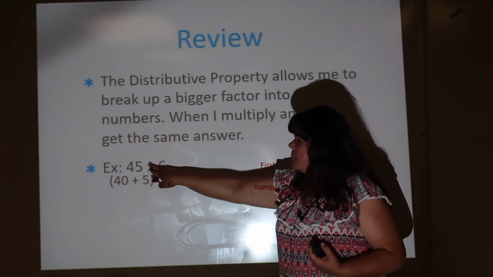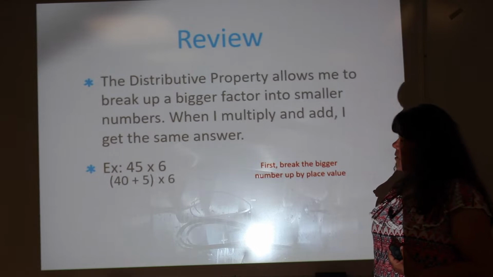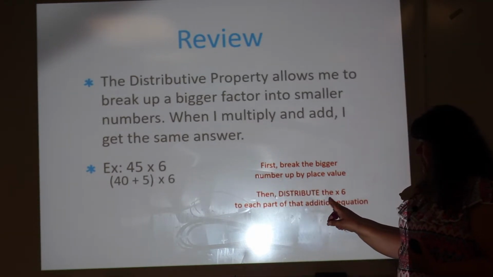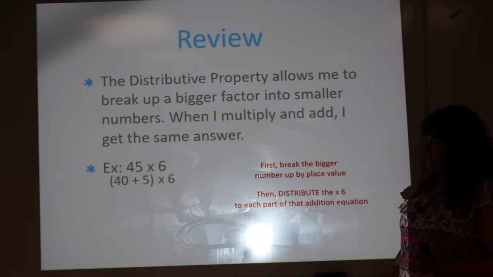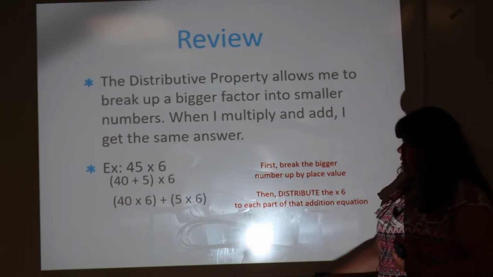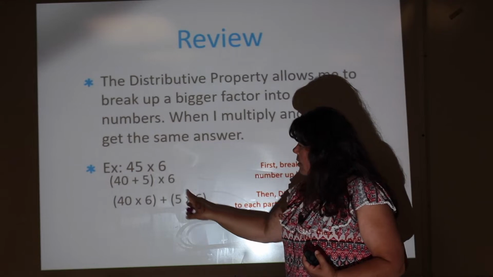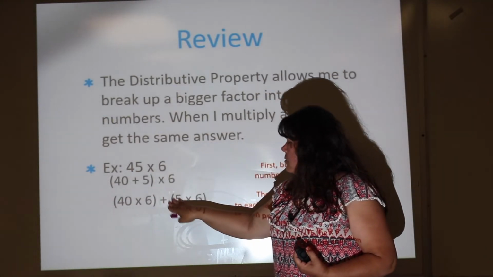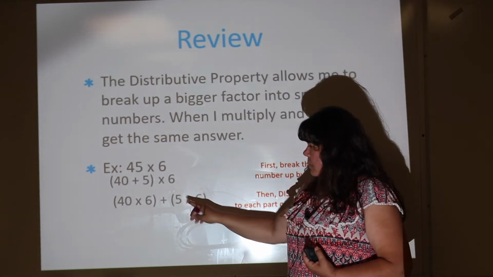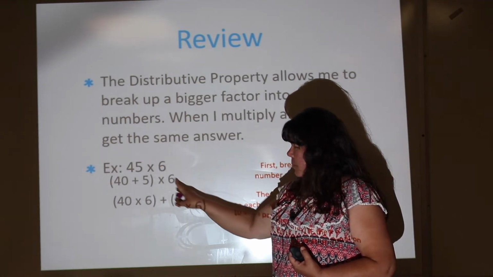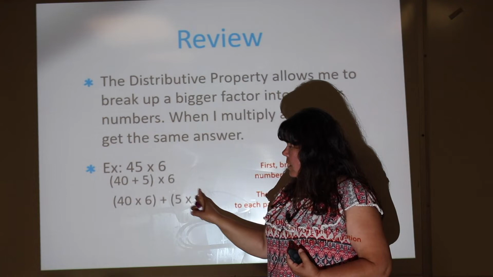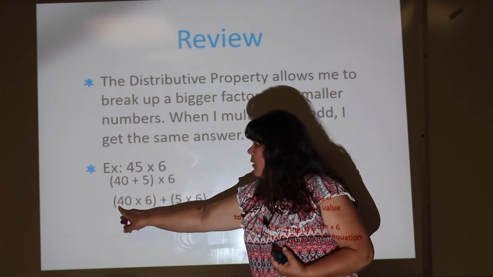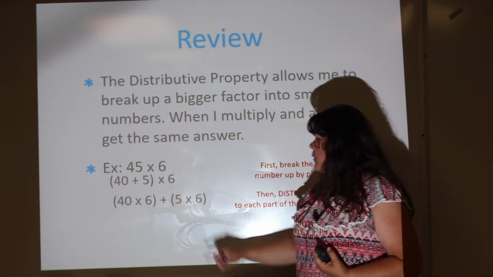Then I'm going to bring that times 6 over here on the outside of my parentheses. Then I'm going to distribute the times 6 to each part of my addition problem. So I've got the times 6 over here, the times 6 on this side. So remember, we're making 2 sets of parentheses with the plus sign in the middle, and I'm putting the times 6 on each side. Then I'm going to bring my 40 and put it in one parenthesis and my 5 into the other parenthesis.